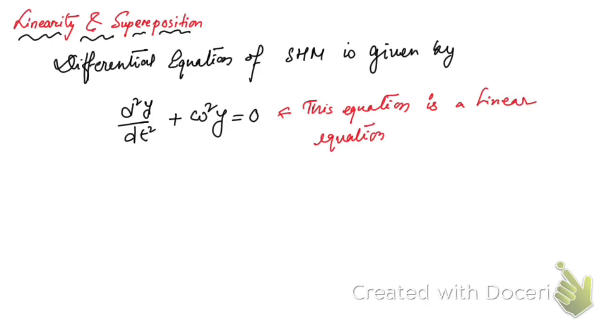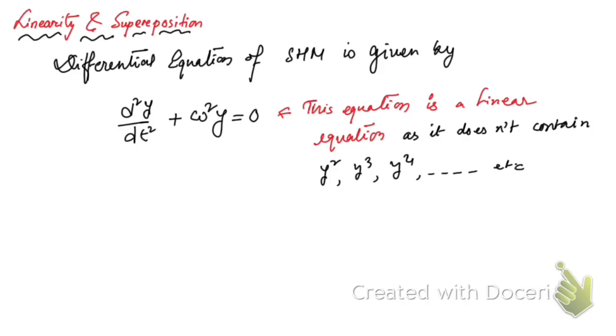Because it doesn't contain terms with higher orders of y, so no y square, y cube, y to the power 4, etc. Here the maximum power of y is 1. That's why it is linear.